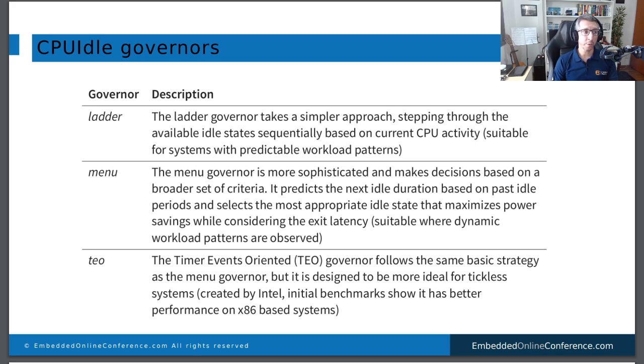So sometimes it's better to just wait instead of going to an idle state, because sometimes you just have to wait a little bit to do something. And if you go to sleep, then the time to wake up is bigger than the time to wait. So the algorithm sometimes must be smart on this, right? And the menu one is usually the one that people use. That's the one that is enabled by default on most Linux systems.